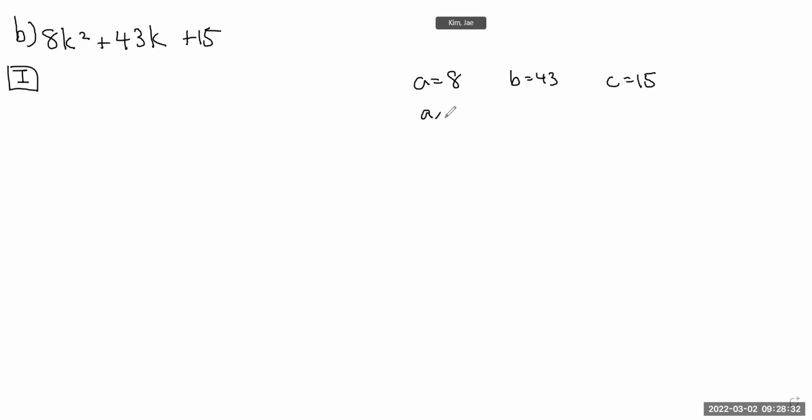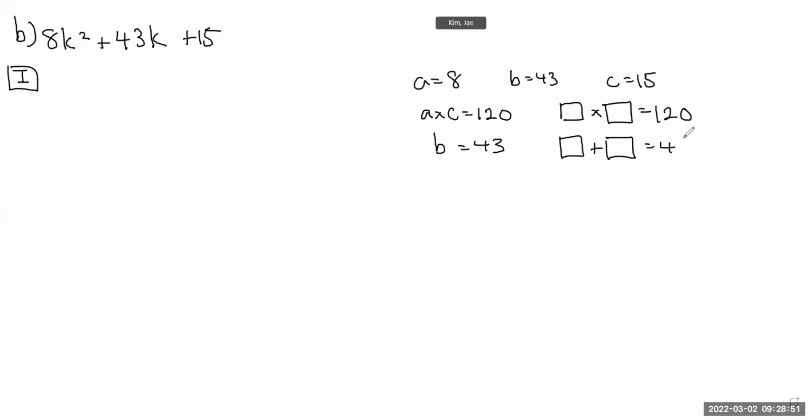And so A times C is 120, and the B is 43. I need 2 numbers that will multiply to this 120, but the same 2 numbers are going to add to 43. There is your challenge.